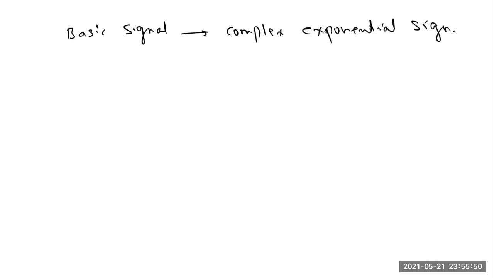And if you remember, we covered this signal in detail in chapter 1. So we will see that we can also use complex exponential signal, and we can construct a number of useful signals as a linear combination of complex exponential signals.